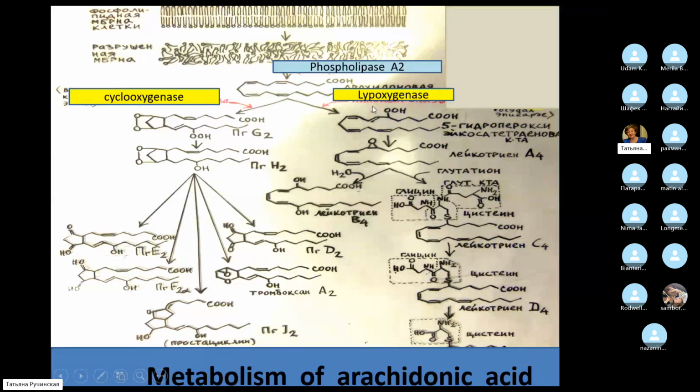As for the lipoxygenase pathway, there appear leukotrienes. It is very clear to understand them due to the alphabet: leukotriene A4, leukotriene B4, C4, G4. You see what they are. The metabolites of arachidonic acid.